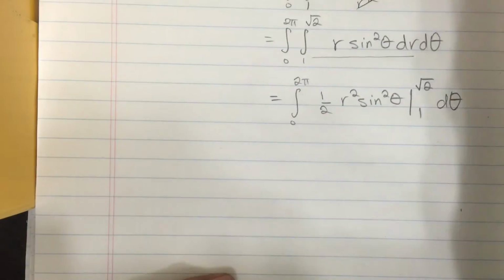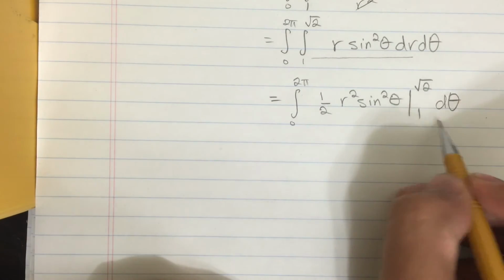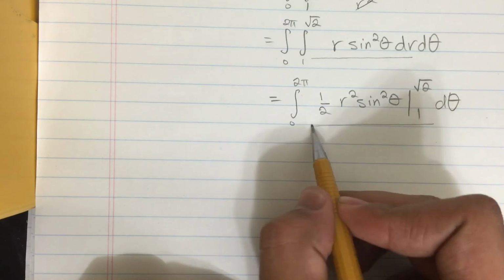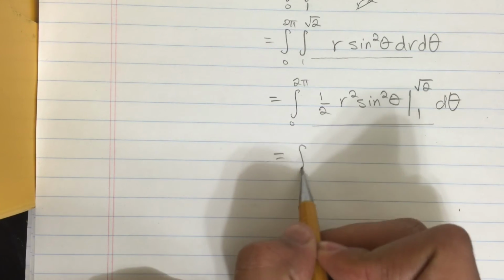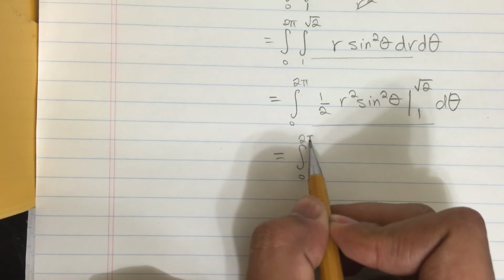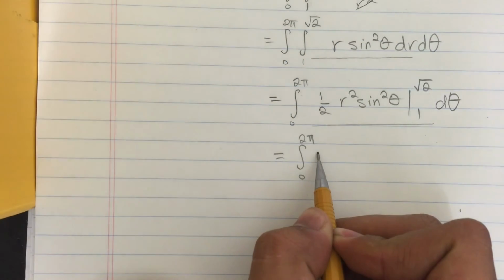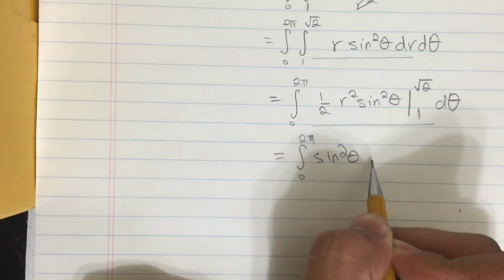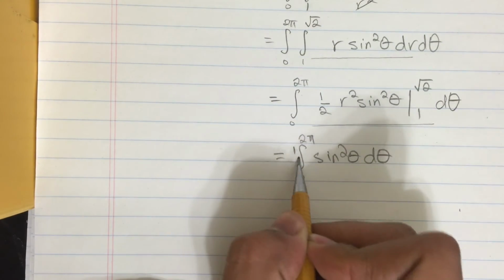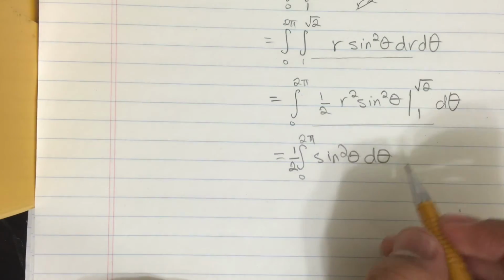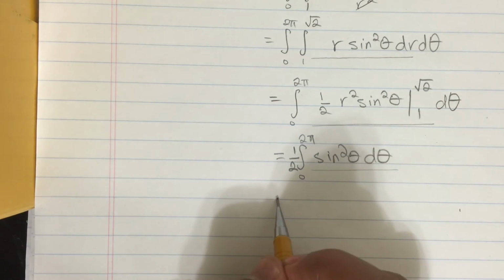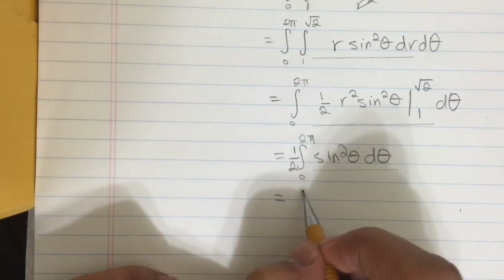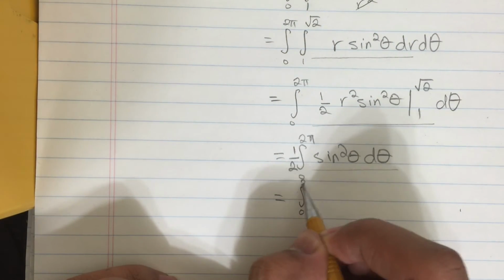So the first and the last example, I had the integration giving me this expression. Once you simplify it, you have 0 to 2 pi sine squared theta d theta. Then you have the 1/2 on the outside. So you can solve this using the trig identity, which gives you the integration of 0 to 2 pi.